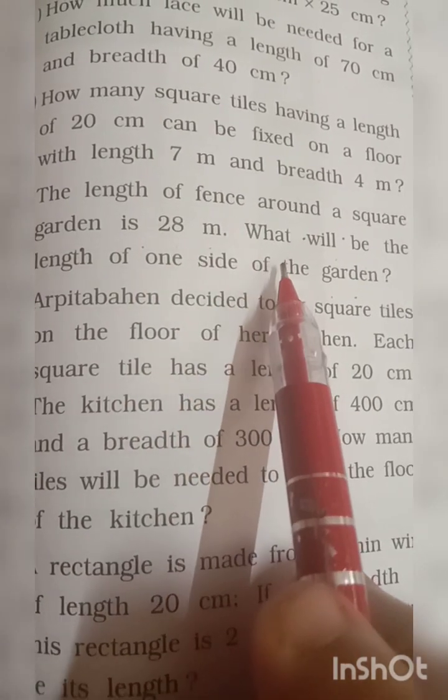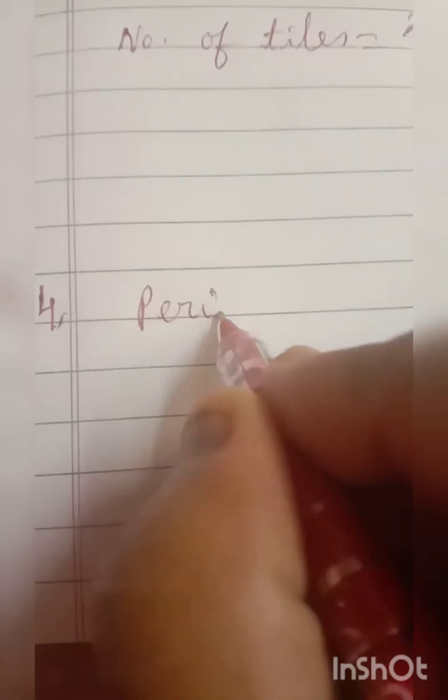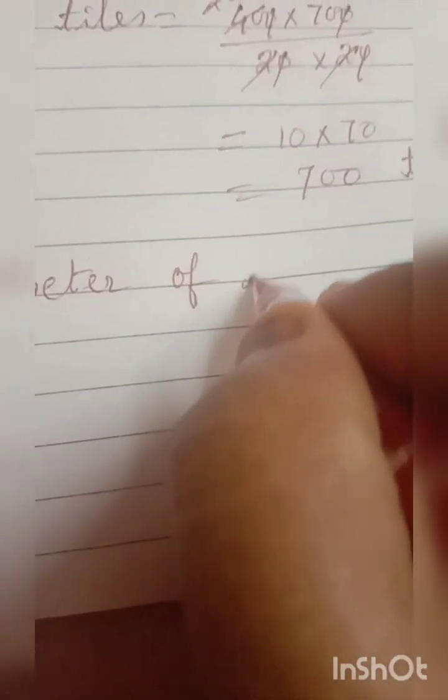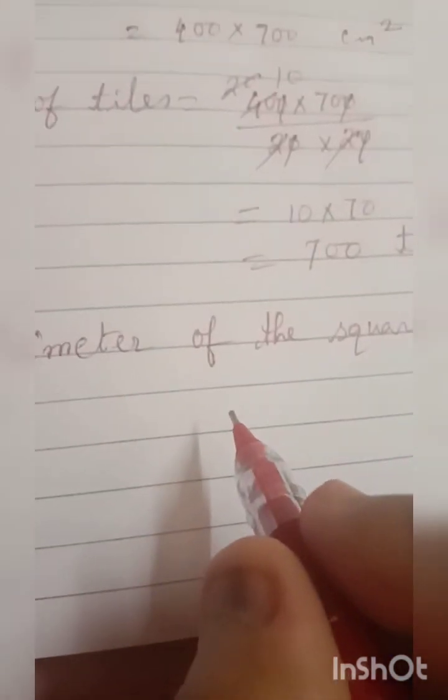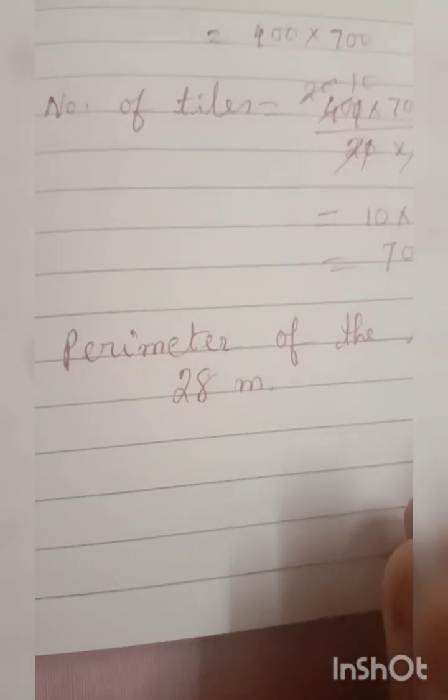We have to find out the length of the garden. Right here, perimeter of the square garden equal to 28 meter.